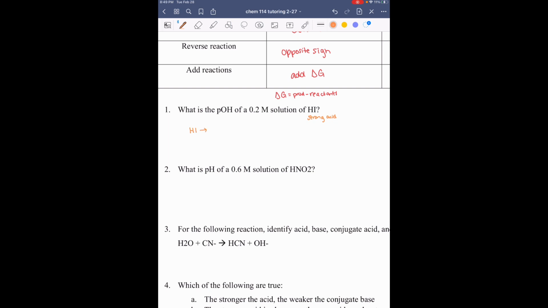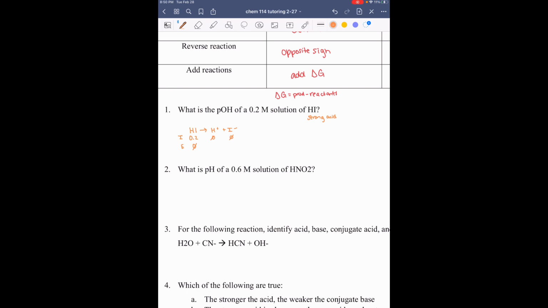So because strong acids dissociate completely, for HI, I'm going to do a simplified version of a rice table. Our initial is 0.2, and our initial for the ions was 0, 0.